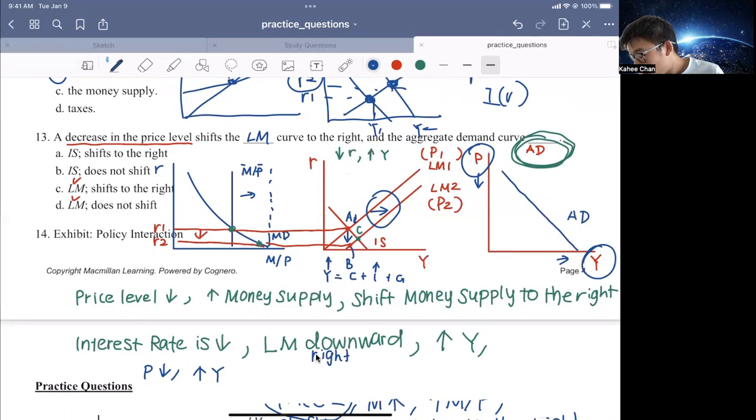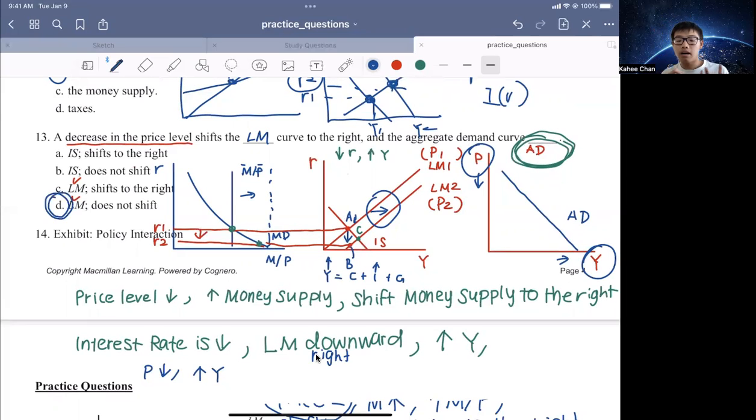And the aggregate demand curve does not change, because shifting the price level increases Y. So every price point depends on P and Y. So the aggregate demand curve does not shift. So the answer is D for this question.